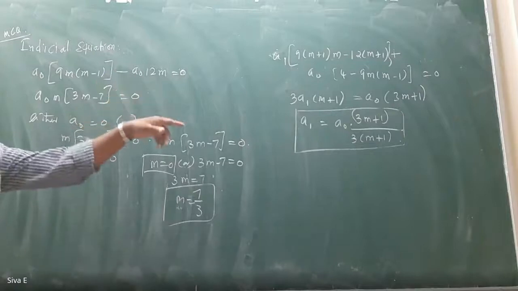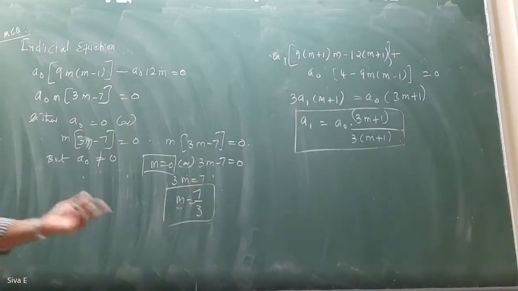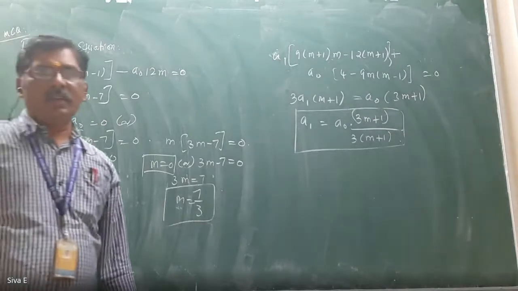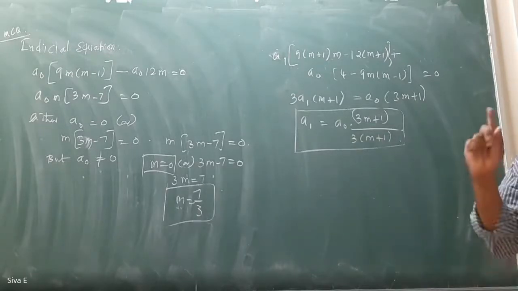That is, we have to equate x power m minus 1 separately, x power m separately, then x power m plus 1 separately. If you are doing that, it will be a very lengthy problem. Otherwise, if you write the general format as a series solution, summation of n equal to 1 to infinity, a m into x power m, that format is different.